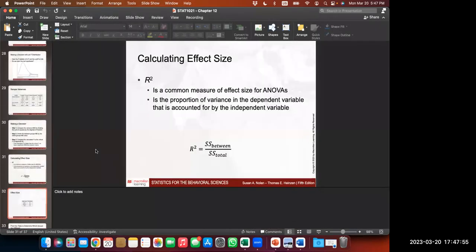In terms of interpretation, it is the proportion of the variance in the dependent variable that is accounted for by the independent variable. What does that mean? So if you have a total variance that is constituting within groups variance and between groups variance summed up, the total is essentially nothing else but the sum of between and within groups.